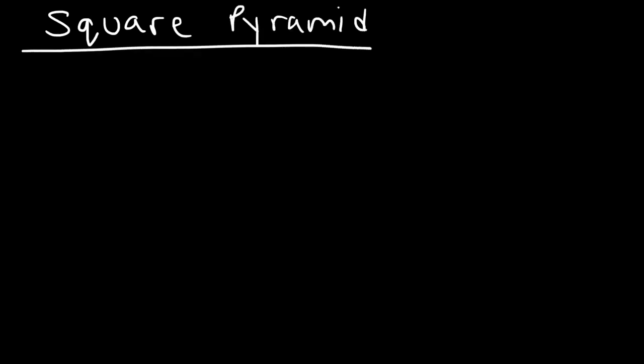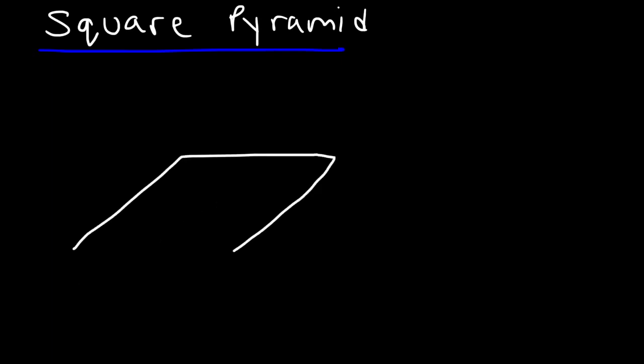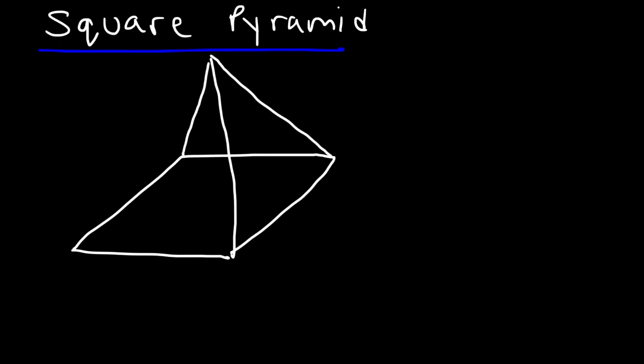Now there's one more shape that I want to cover, and it's the square pyramid. So it's a pyramid with the base of a square. So I'm going to draw it like this. So let's call this B, and this is going to be B as well.